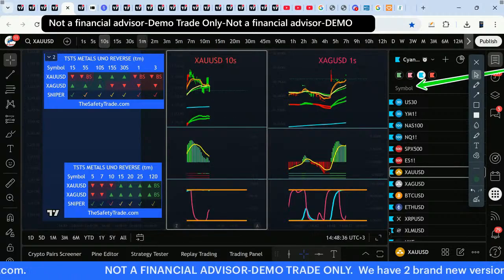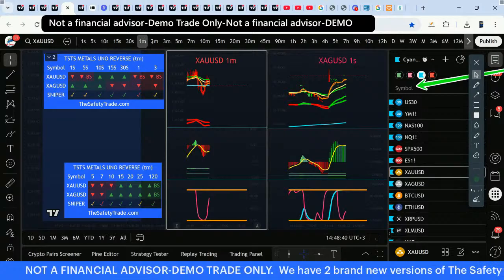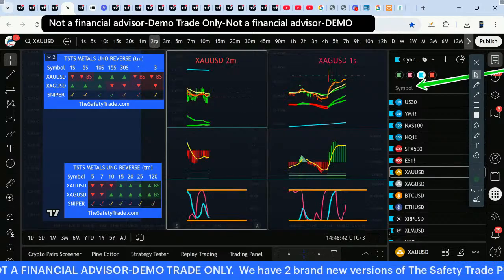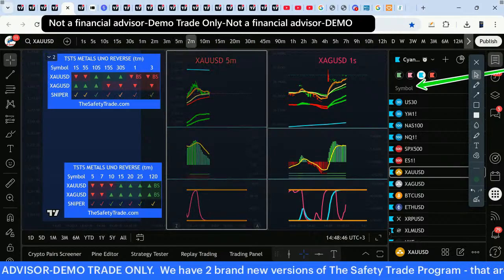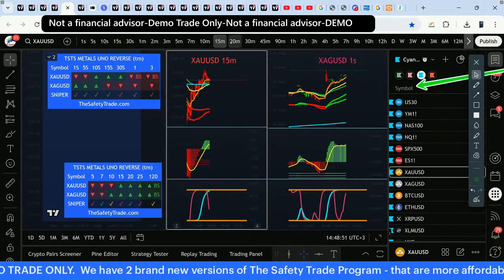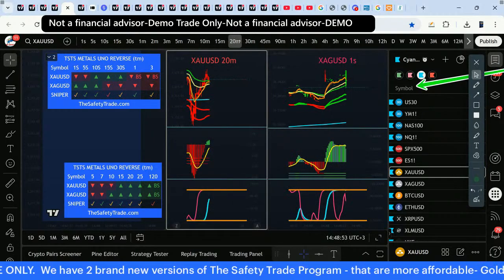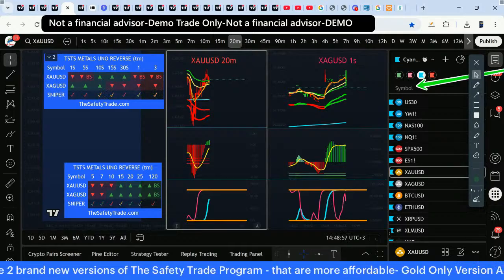What's going on with this 1 minute here? 2 minute. 3 minute. 5 minute. 7 minute. 10 minute. 15 minute. No, gold is always a buy.